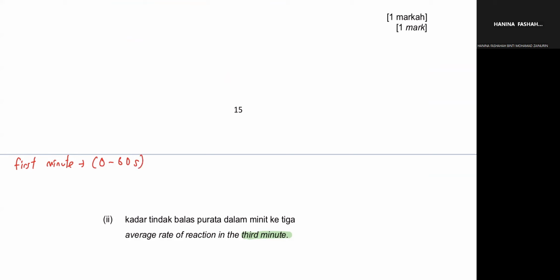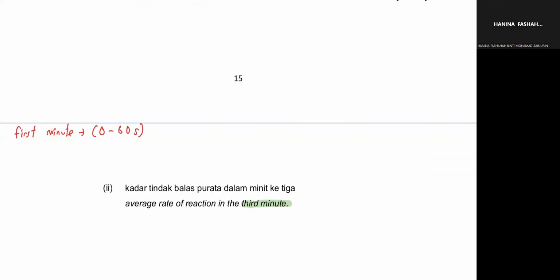You calculate the first minute. The fourth minute is 180 to 240. If they ask the second minute, because 1 minute is 60 seconds, here is 60 to 120 seconds. Third minute means 120 to 180 seconds.